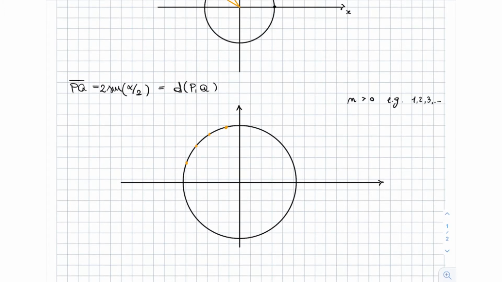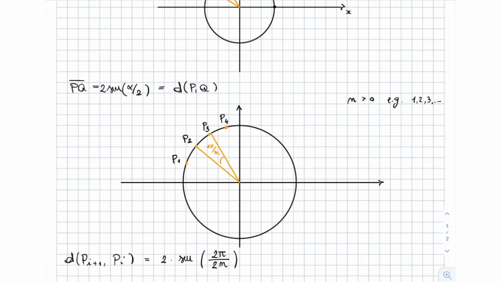And I'm taking angular sectors whose angle is exactly given by 2 pi divided by n. Then we know that if we call these points P1, P2, P3, P4, and so on, the distance between P(i+1) and Pi is always given by 2 times the sine of 2 pi divided by 2n.